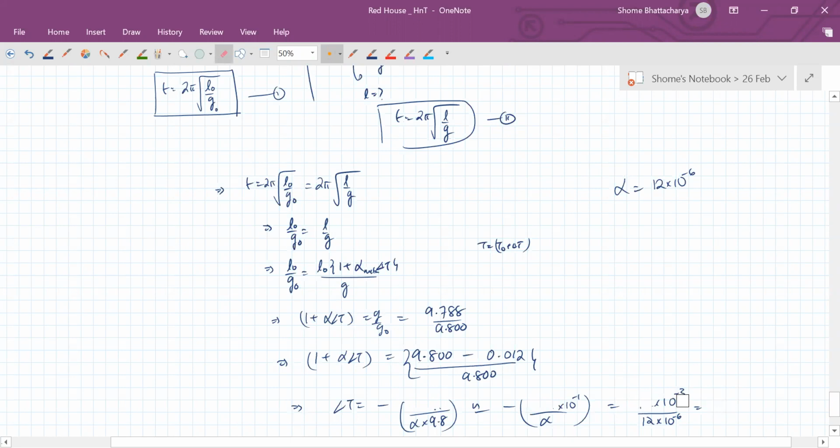Yes, it should be 100 in that. Correct. So this is 0.01. So it's correct now. So the temperature should be 100 degrees below because we're getting minus.